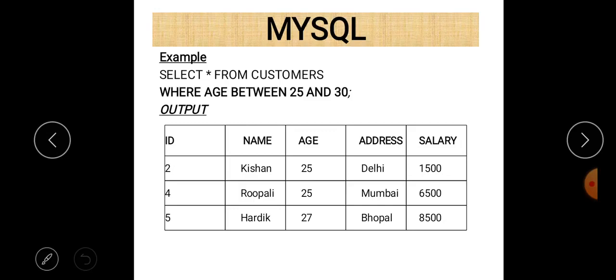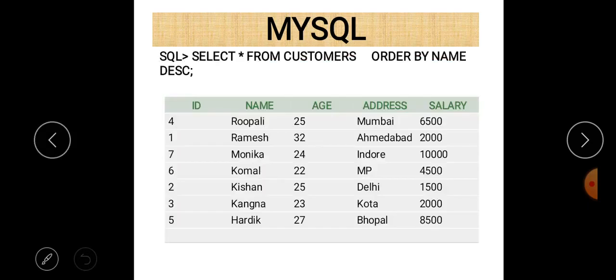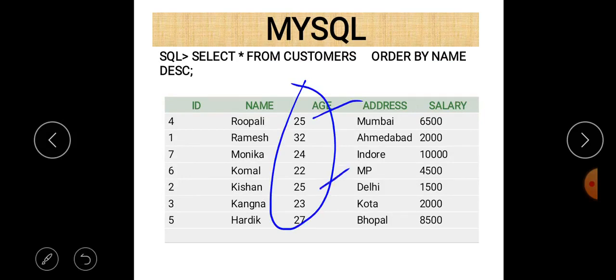You can easily see here that this is the output. When you see the original table, you can see the age lies between 25 and 30 for the first one, and then Kishan, and then Hardik.